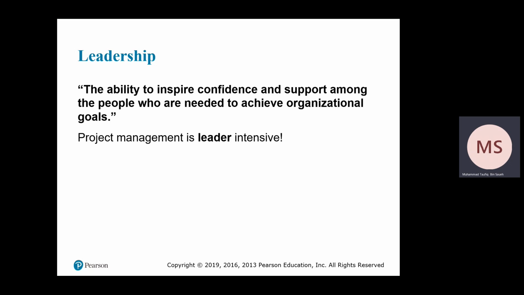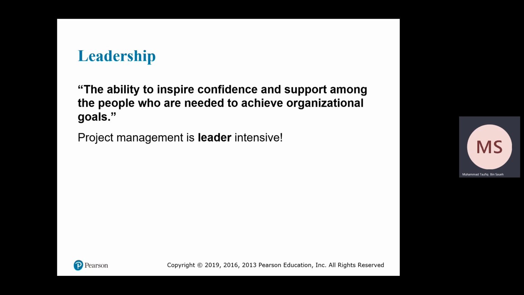So basically, leadership is being a role model and at the same time being able to persuade others to follow your example.